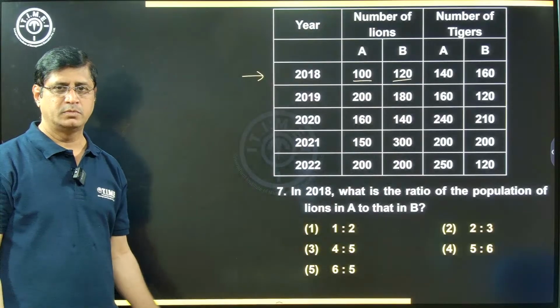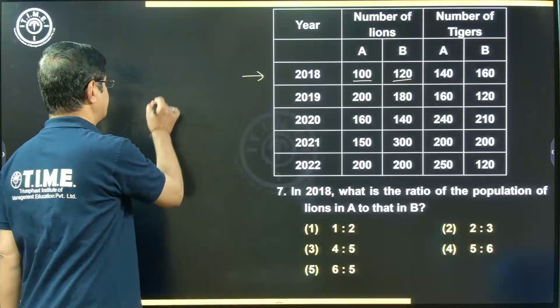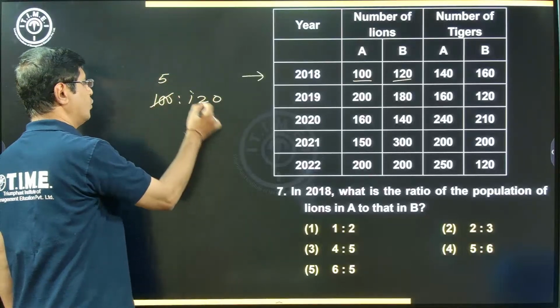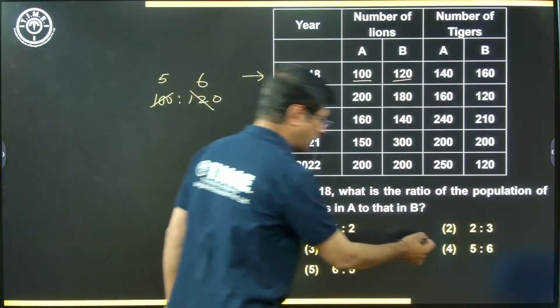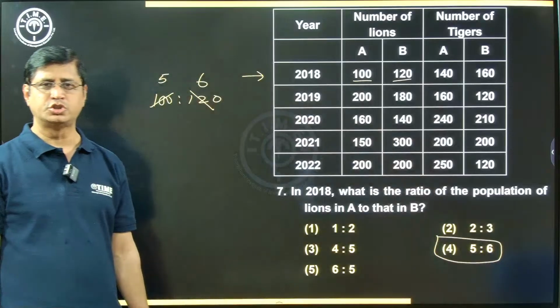What is the ratio? Dividing with 20, 5 times and 6 times. Now, what is the ratio? 5:6. Option 4. The answer for this question is choice 4.